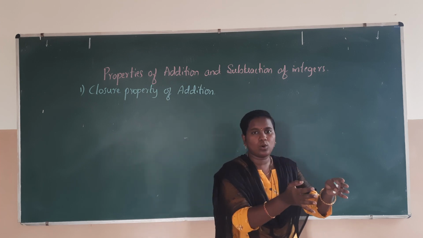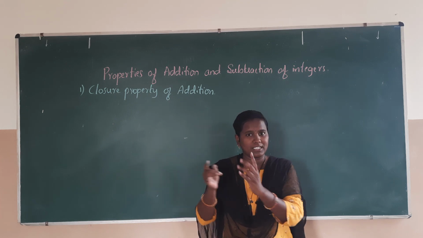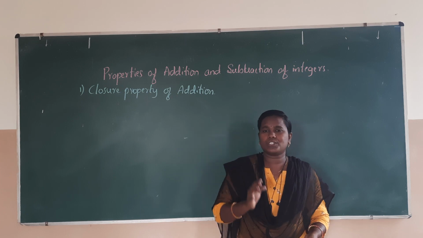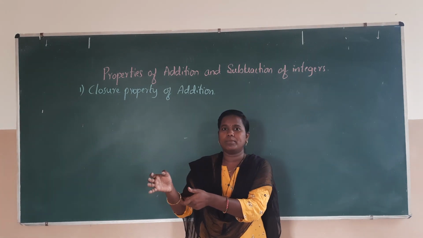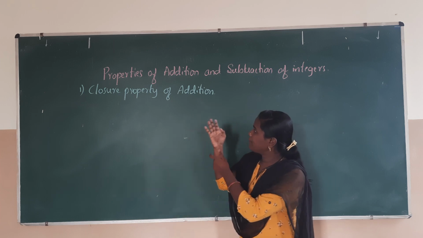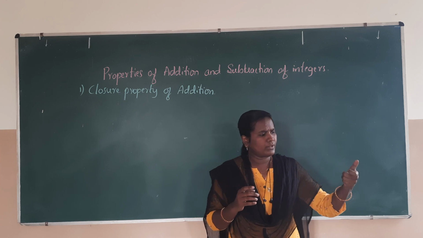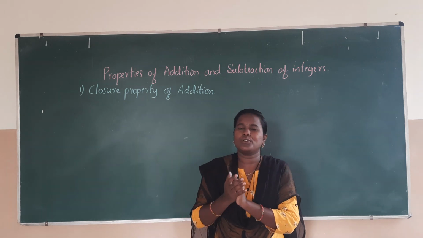When you add whole numbers, the answer is again a whole number, isn't it? So this is what the closure property says. The sum of any whole numbers is again a whole number, right? Now we'll apply this for integers, whether the sum of any two integers is again an integer or not, we have to check.